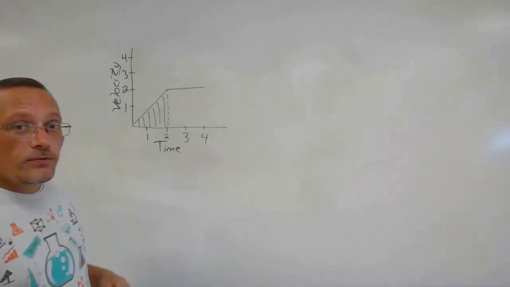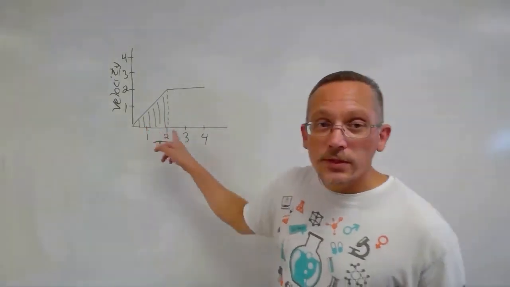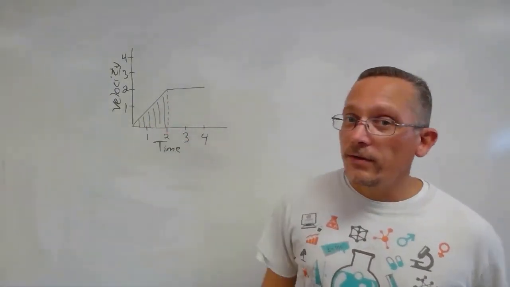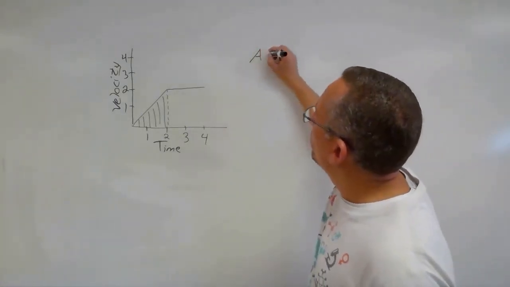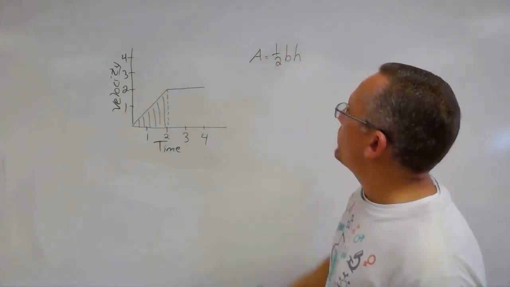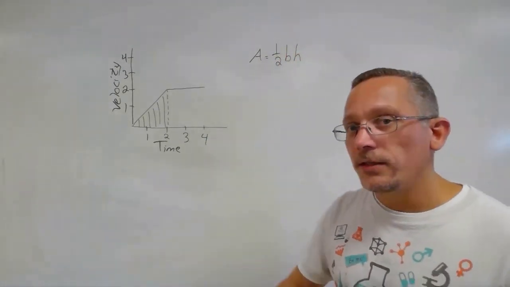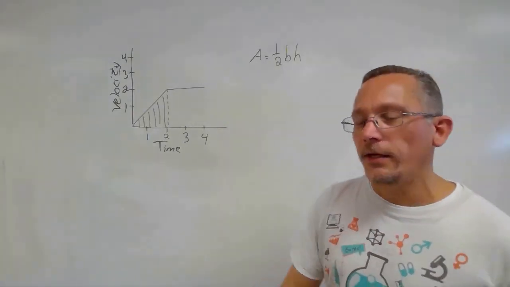So let's see, can we find the area of that space? You can see what shape it is. That's a triangle, and you know how to find the area of a triangle. The area of a triangle is 1/2 times the base times the height. Some people learn base times height divided by 2. Some people learn 1/2 times base times height. It's the same thing.